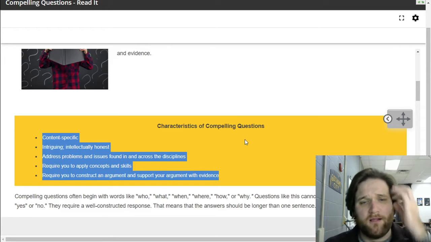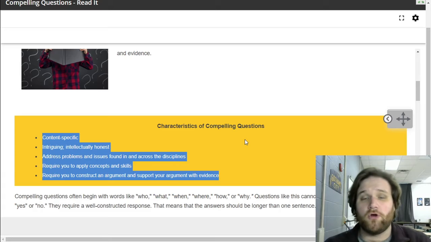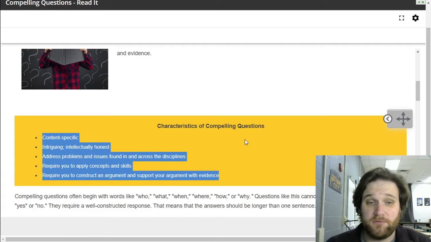It's going to address problems and issues found across the disciplines and require you to apply concepts and skills, and will require you to construct an argument and support your argument with evidence.